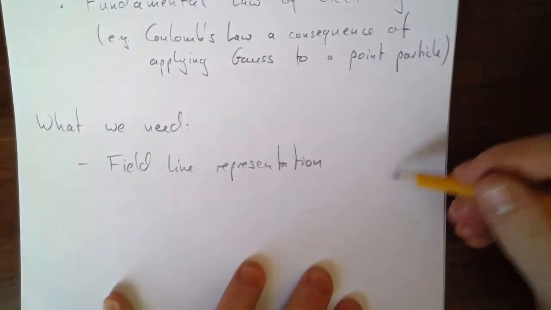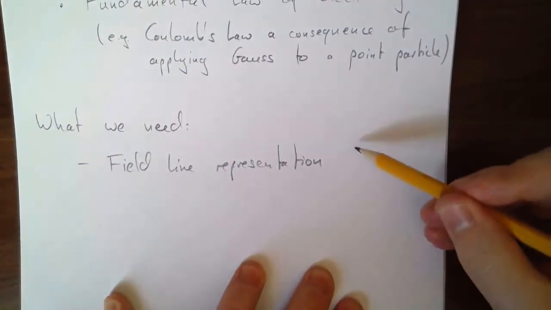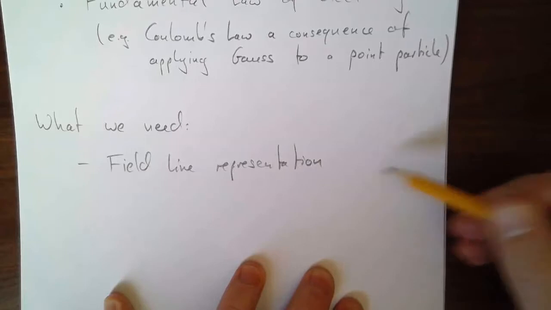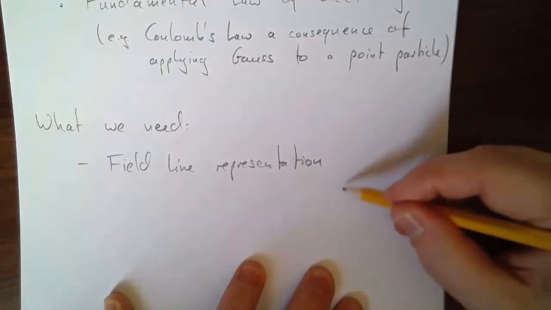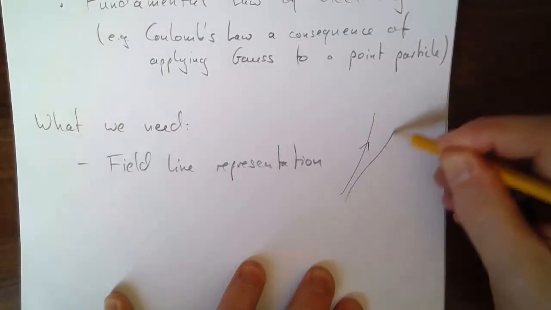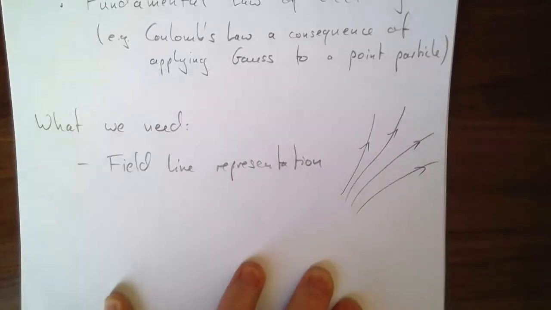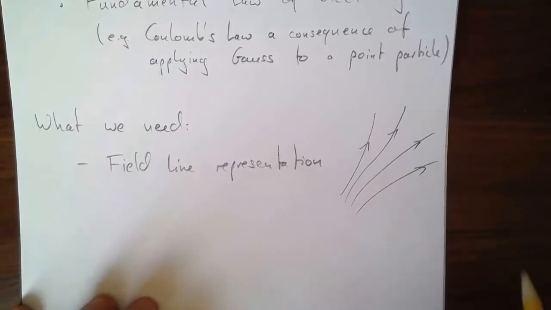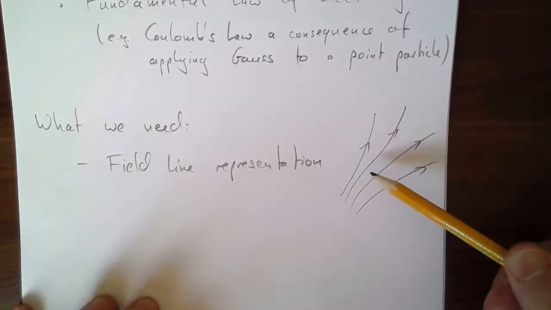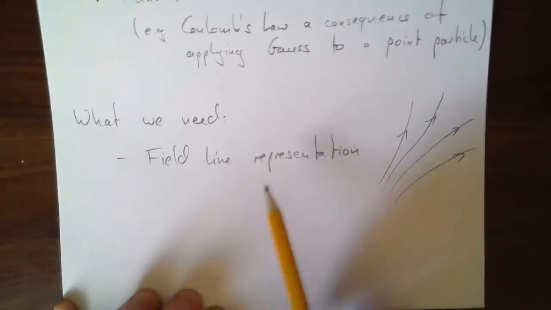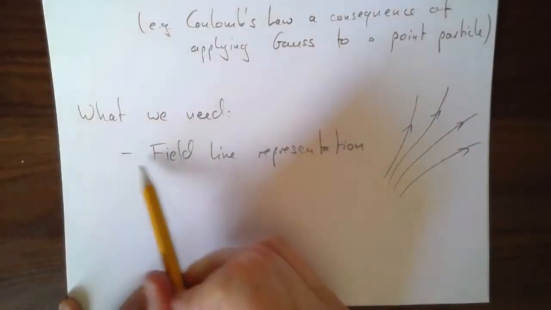The electric field is not drawn as a bunch of tiny vectors, but essentially as a sort of continuous lines, something like this. If you've seen those kinds of pictures, and you can interpret them for the electric field, then you have what it takes to make sense of Gauss's law.